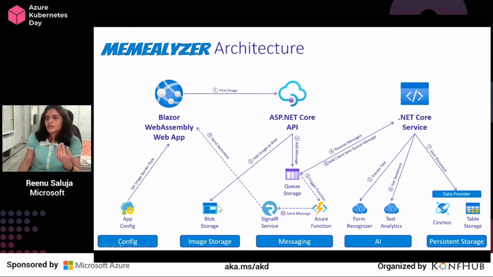After posting, the image is stored in blob storage, then a queue message is added. The .NET Core services work with the AI services to extract the text from the image and get the sentiment, and finally the data is stored in Cosmos DB, and the metadata is also stored in table storage.